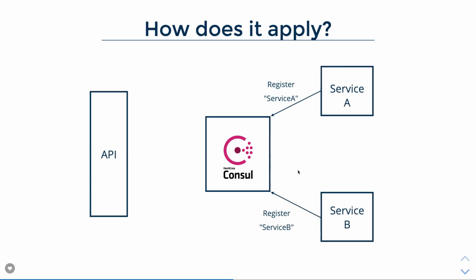And of course, the same happens to every microservice that registers with Consul. Then when we hit the API and want to fetch some data from service A, we won't use hard-coded data, like calling localhost 5001 and then the endpoint.